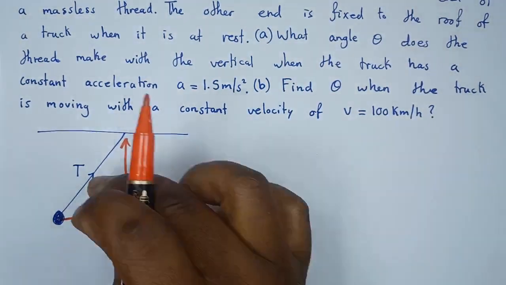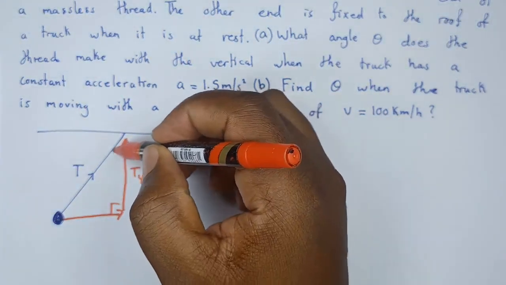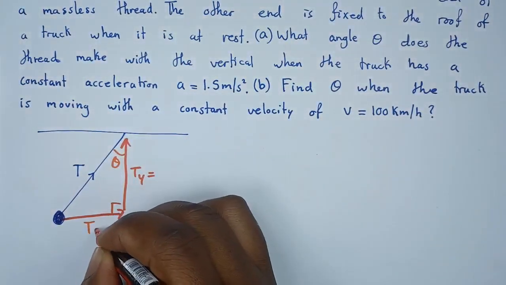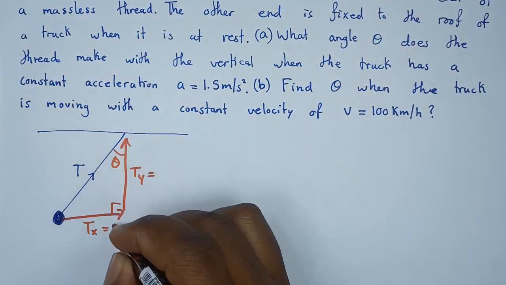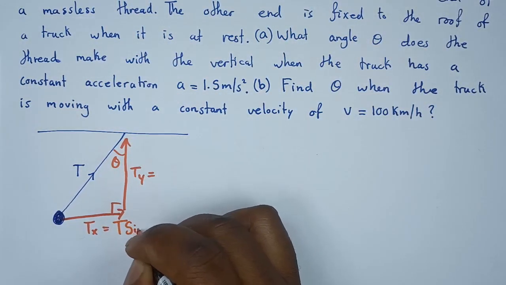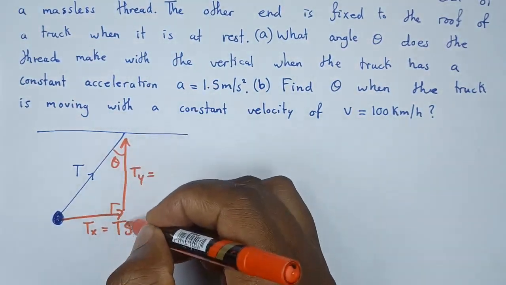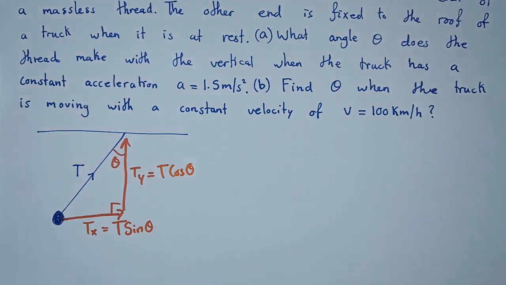Since this is opposite to the angle of interest, this here, Tx, will be T sine theta. And this is the angle that we're looking for. This one is adjacent to the angle, so this is T cos theta.